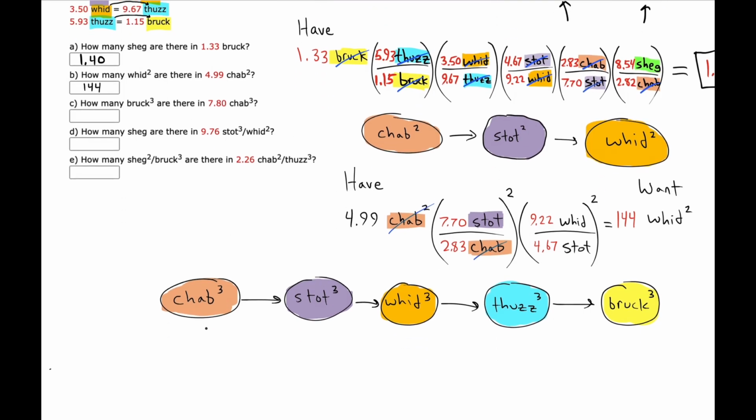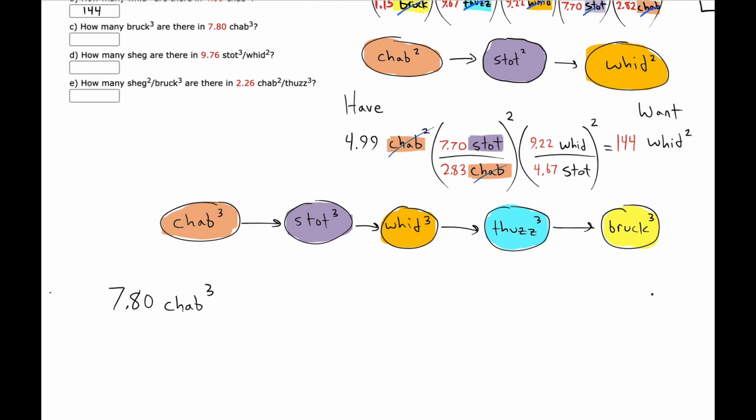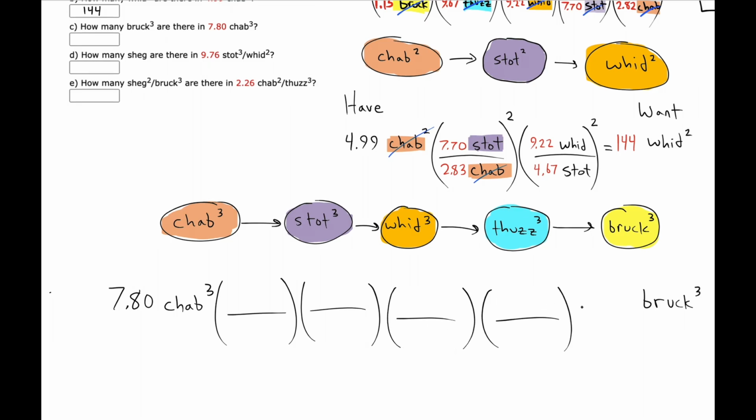Okay, so let's start with the 7.8 chab cubed. Our ultimate goal is to get to bruck cubed. We're going to introduce several conversions, 4 of them to be exact. We'll get rid of chab first and then produce stat. And we need to cube that factor.